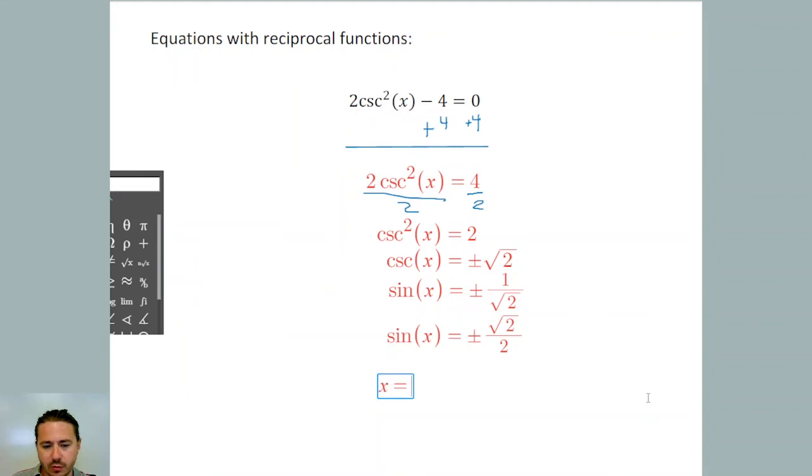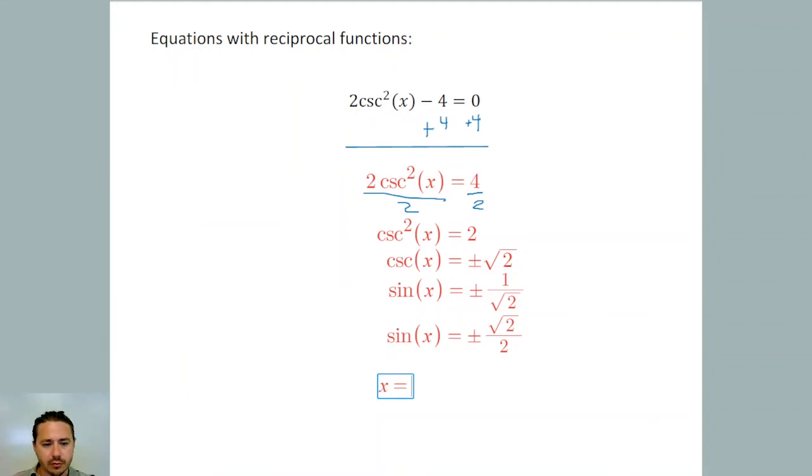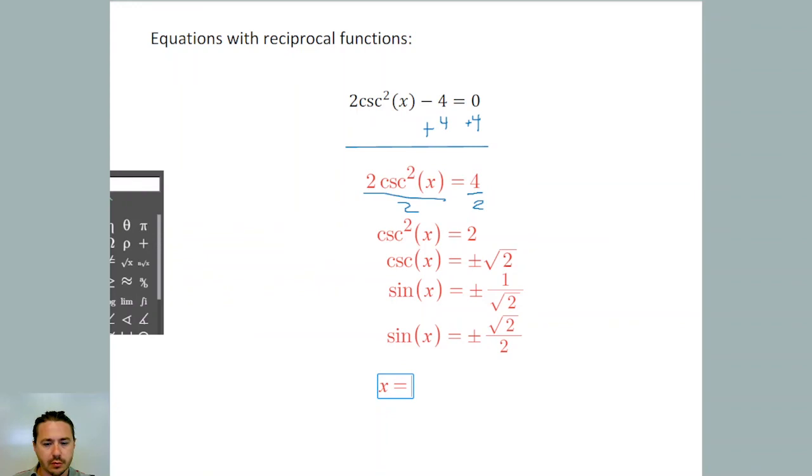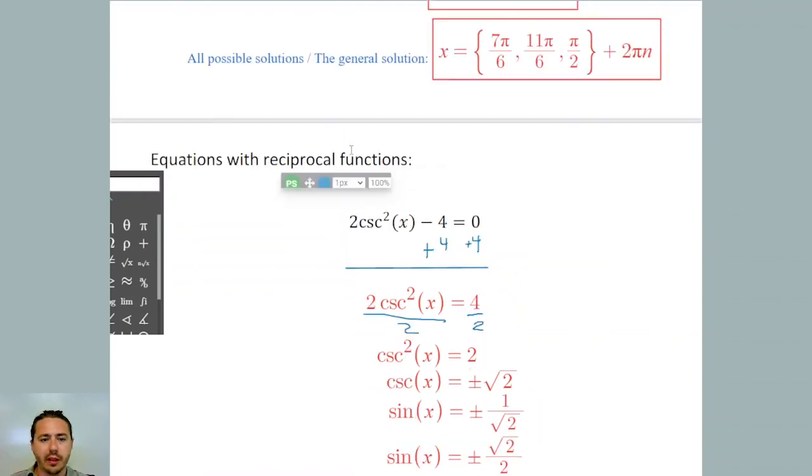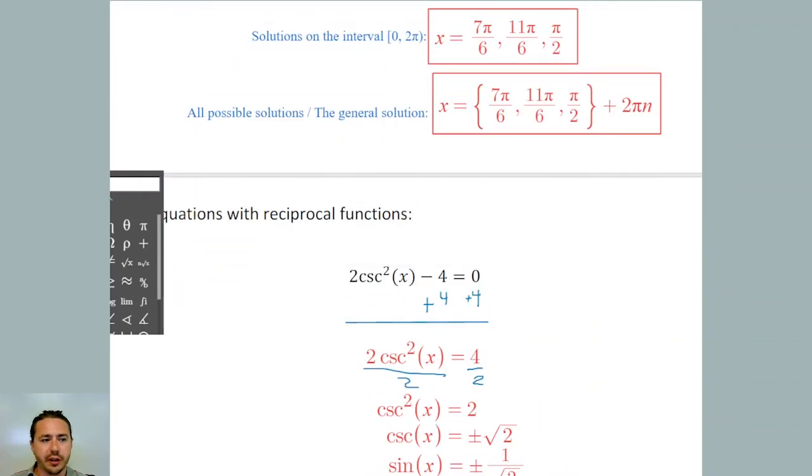We'll have x equals pi over 4, 3 pi over 4, 5 pi over 4, and finally 7 pi over 4. And those are all the solutions on the unit circle itself, so that would be our solutions on this particular interval.